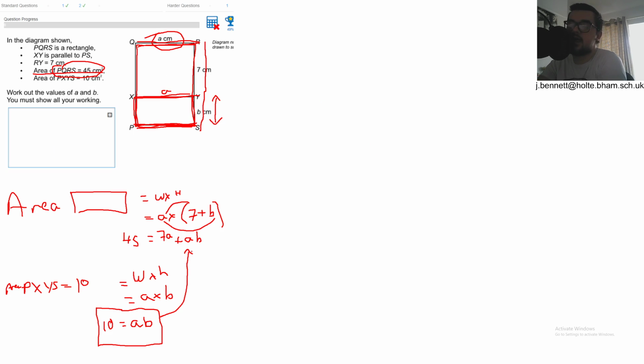We can sub in our value of AB. So if we go over here, we can say that 45 equals 7A plus AB. AB equals 10. So we can just sub that in, and now we can solve for A. So we take 10 off both sides.